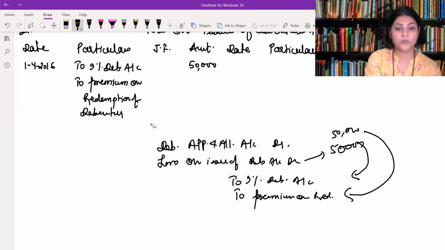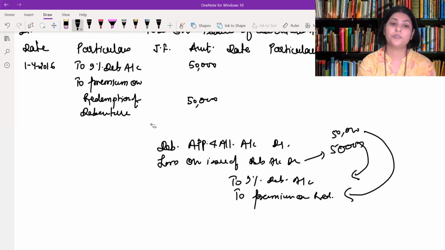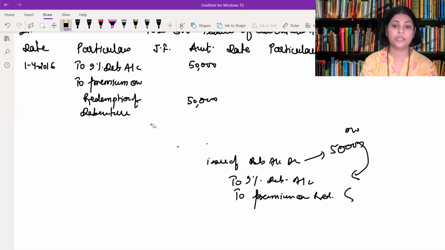This is also an equal amount, 50,000 rupees. So like this, I will show the bifurcation that 50,000 belongs to the loss which the company faces at the time of issue of debentures because it is issuing the debentures at a discount, and another 50,000 the company will face at the time of redeeming the debentures because the company is going to redeem the debentures at a premium. So this bifurcation has to be written over here, students.